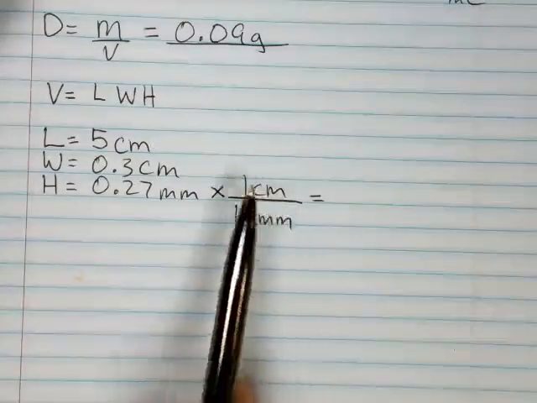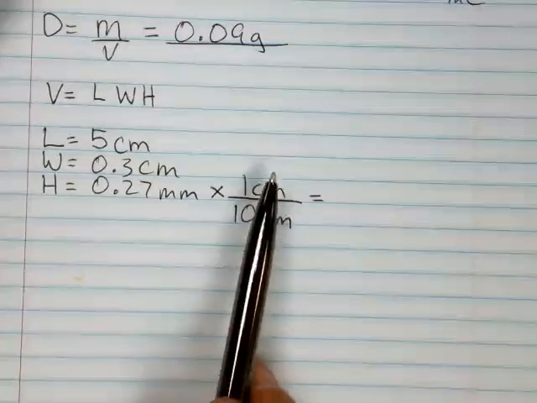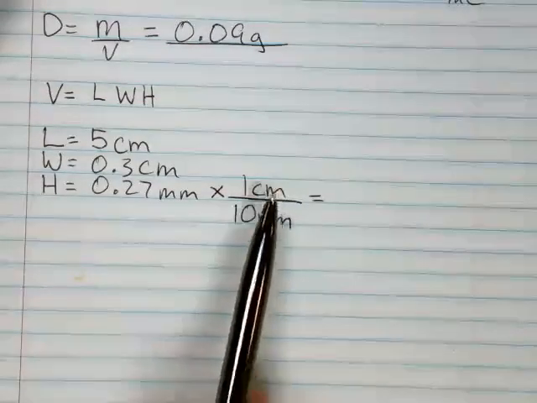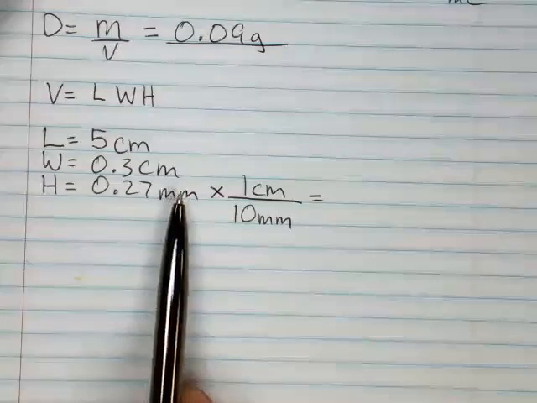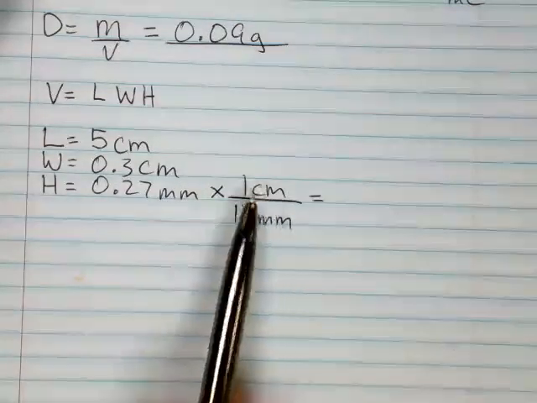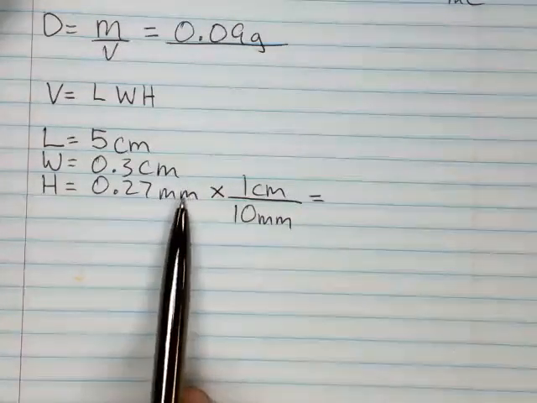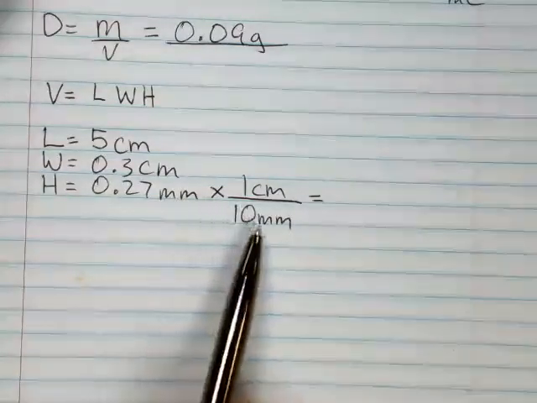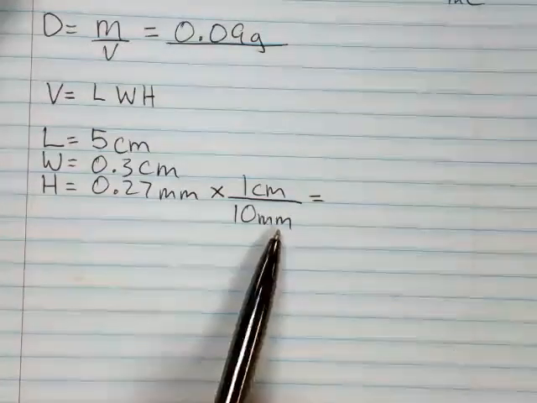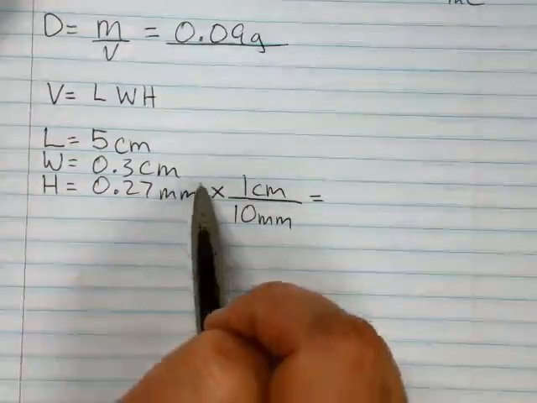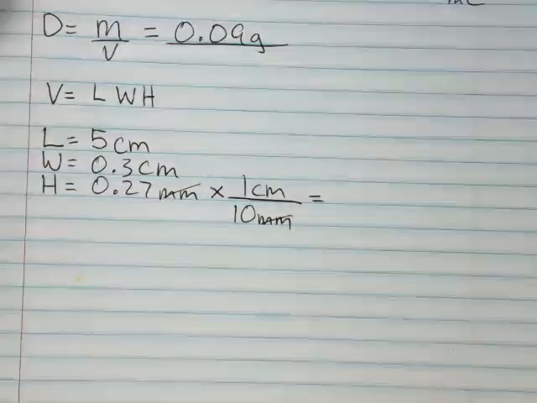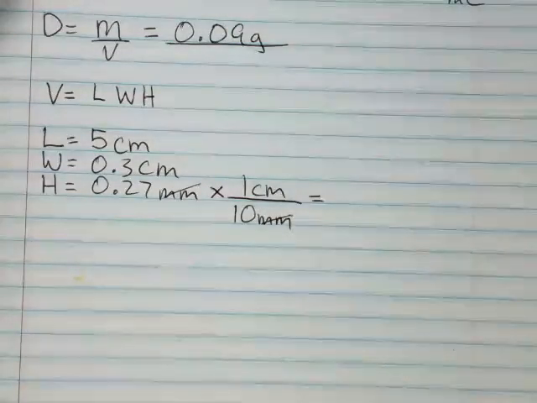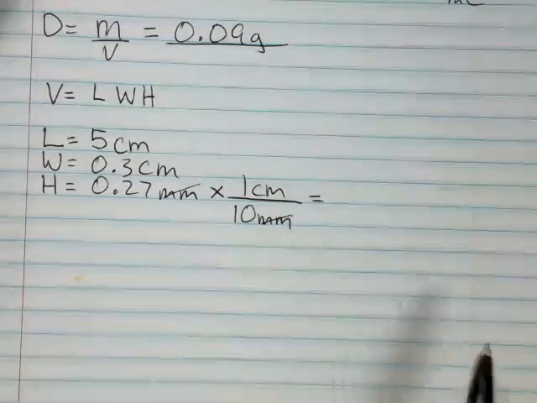We can arrange that conversion factor like a fraction to help you convert millimeters to centimeters. The way you do that is to arrange it with the unit you start with on the bottom. So if you have millimeters on top, you put millimeters on the bottom so they cancel out. What are we looking for again?